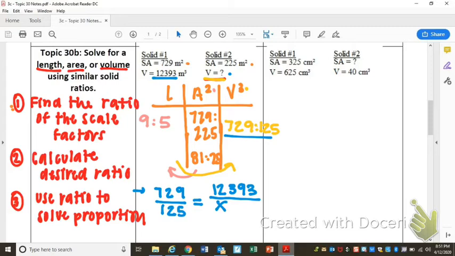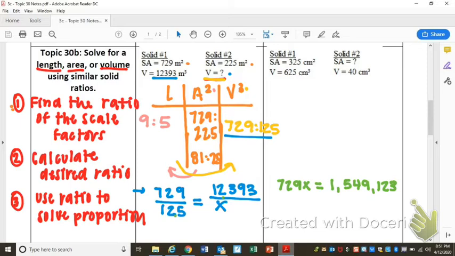Once you get there, you can cross multiply. So I'm going to do 729 times x, which is just 729x, which is equal to 125 times 12,393, which is 1,549,123.